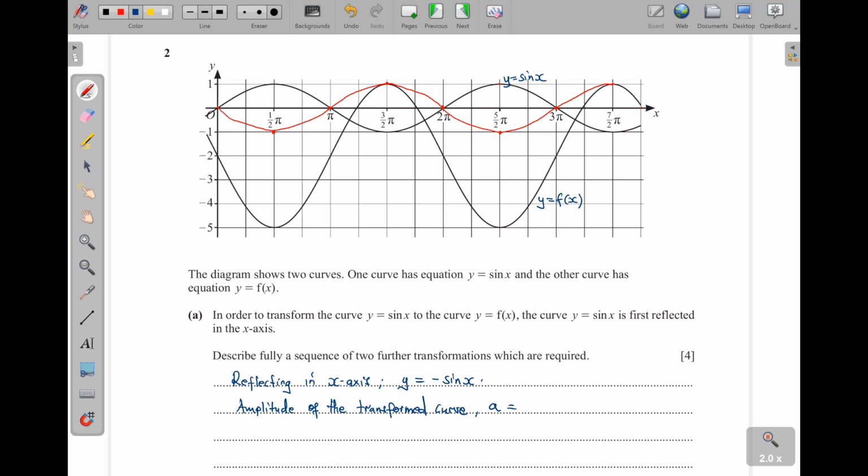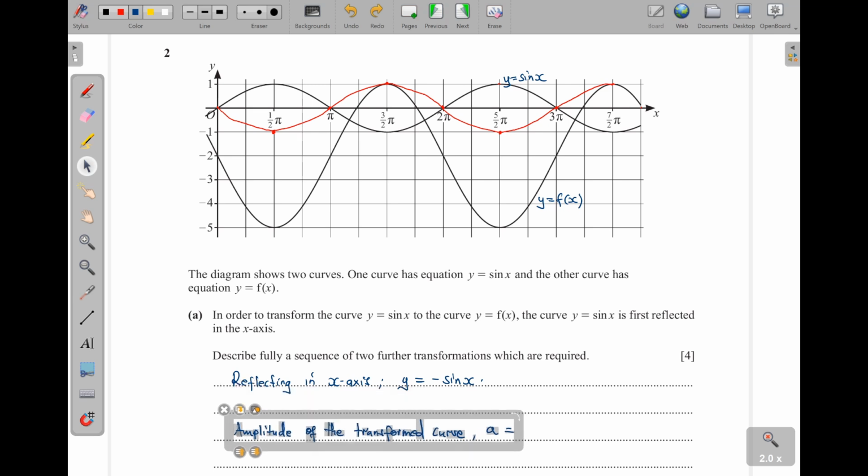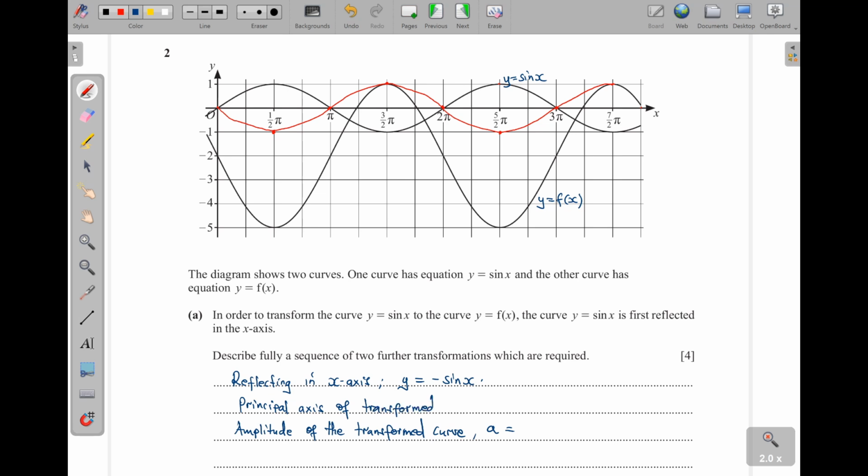Before I get the amplitude, let us get the principal axis of the transformed curve. Remember, I said you get the maximum point, then plus the minimum point, you divide it by 2, okay? So the maximum point here corresponds to 1. So I will have 1.